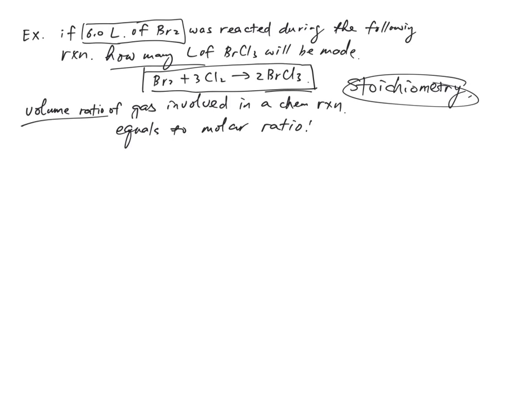So that makes this type of calculation just like your stoichiometry calculation. What do we do with our stoichiometry calculation? Moles of A times molar ratio gave you the moles of B, right? Now, the molar ratio is also the volume ratio.